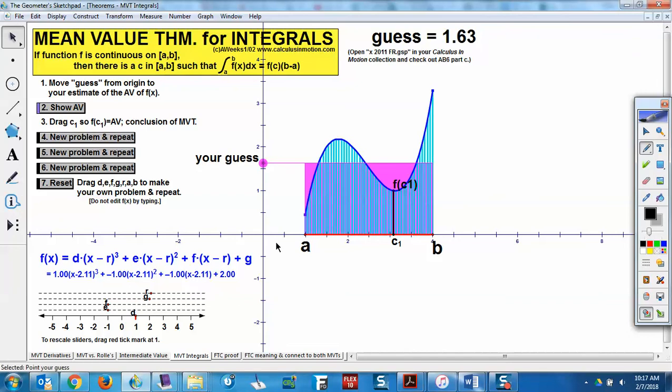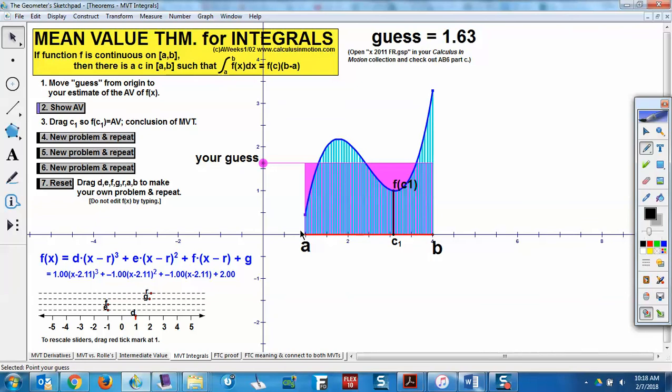Go where? What do you guys say? Give it a guess. 1.68. Go up a little more, down a little more. We want the average of these y values. So we're kind of looking to see, we got so many above, so many below, right?